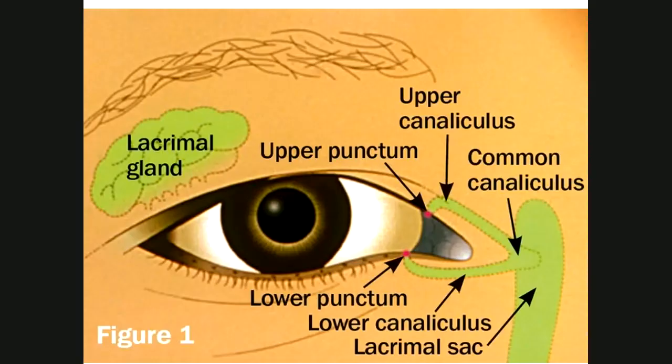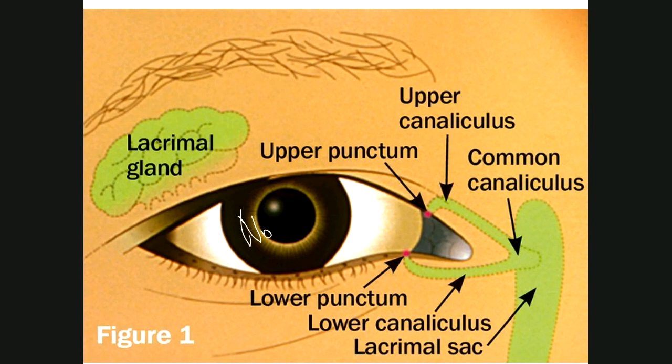Well, let's look at the lacrimal apparatus. Remember, the lacrimal apparatus is all about tears. First of all, let's talk about why we even have tears. The reason we have tears is because there are no blood vessels here. If you have no blood vessels, that means there's no blood across here.